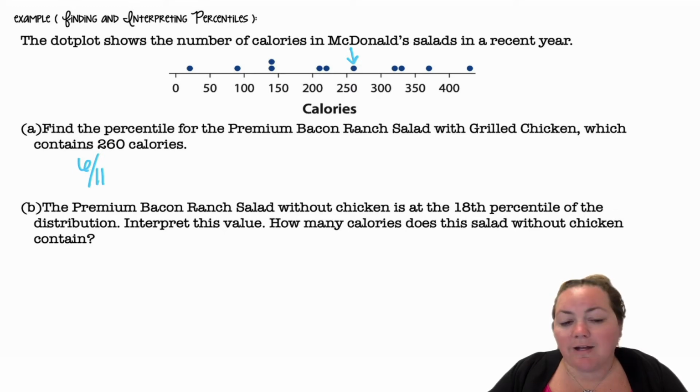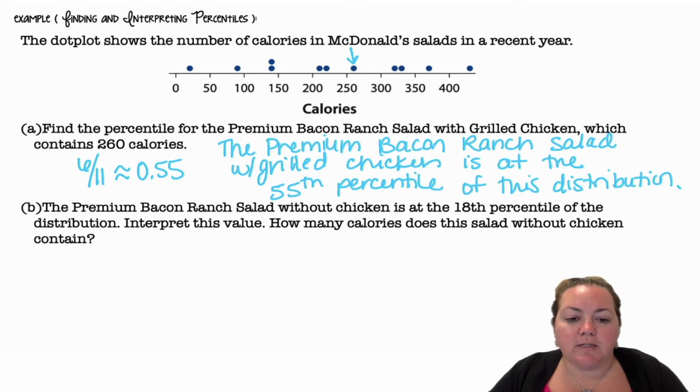There are 6 dots that are less than that dot out of 11 total dots, which comes out to be approximately 0.55. So we would interpret this as the premium bacon ranch salad with grilled chicken is at the 55th percentile of this distribution.